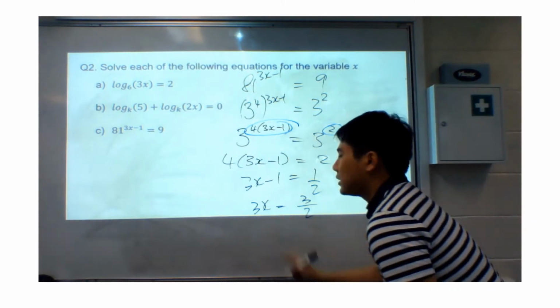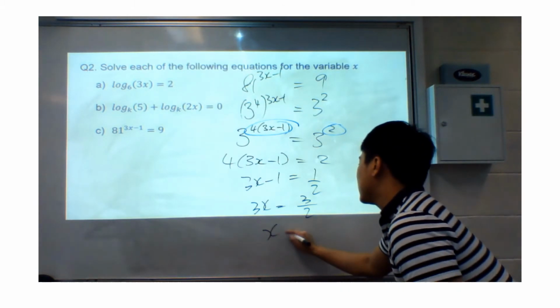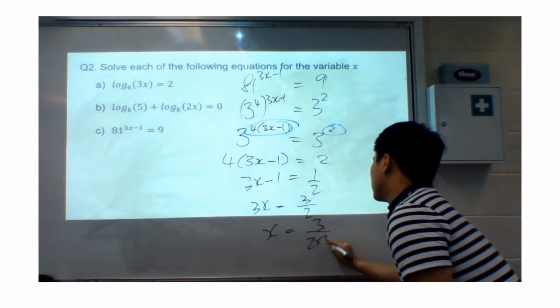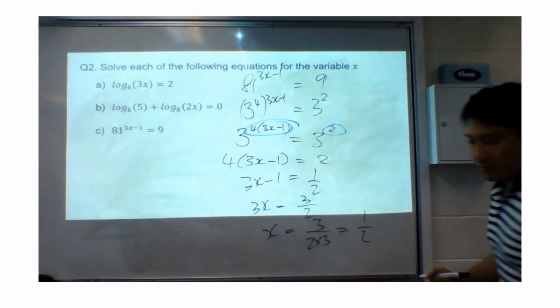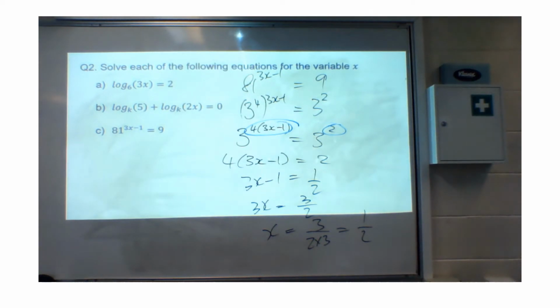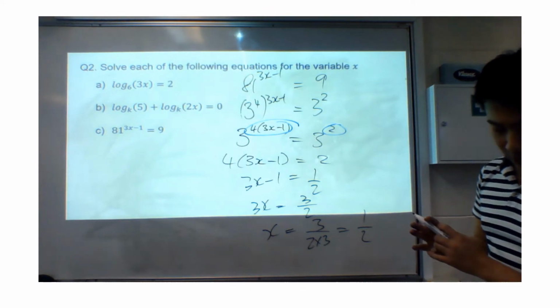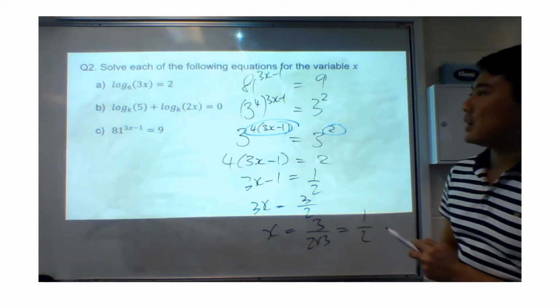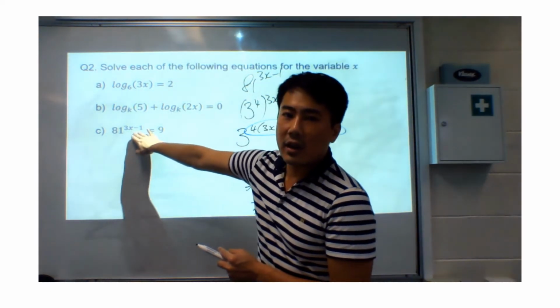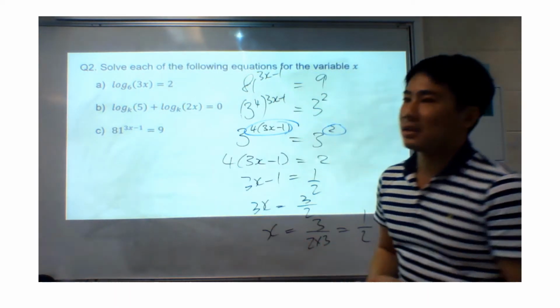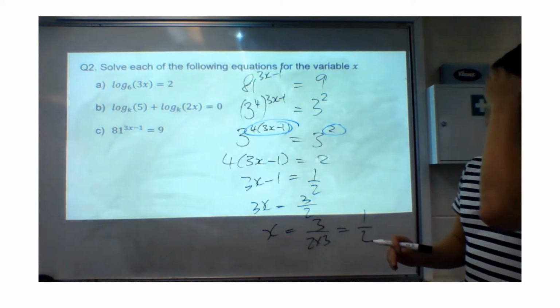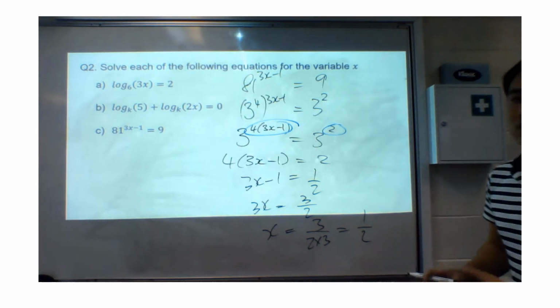And then divide both sides by 3, x equals 3 over 2 divided by 3. So your answer should be a half. Always check your answers at the end. Alright, so what you need to do is sub in a half into x and see if you're going to get the same answer. If you get the same answer, you know that you've done it right.